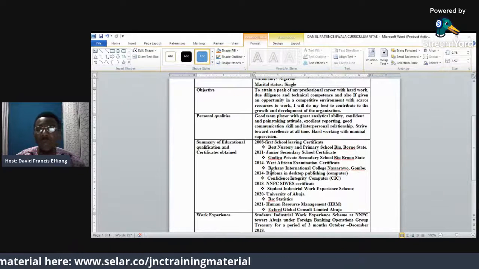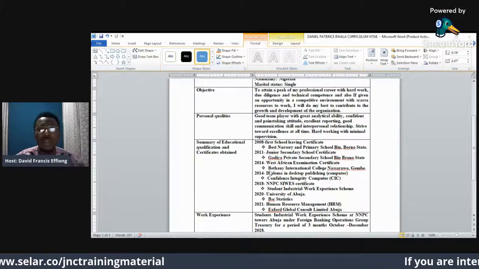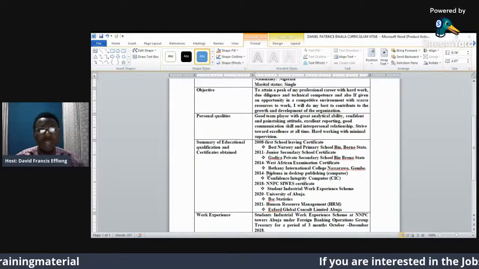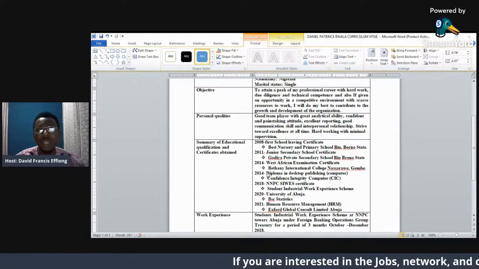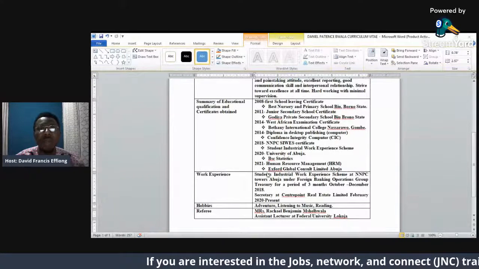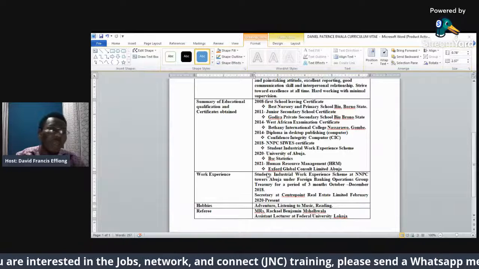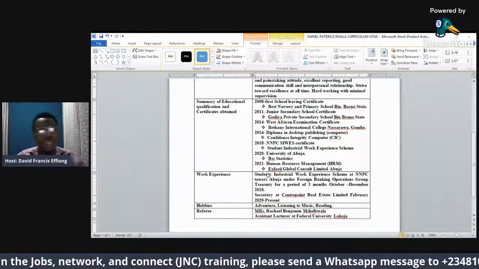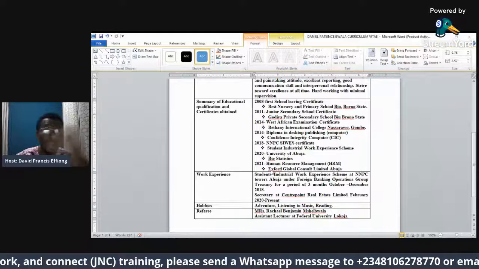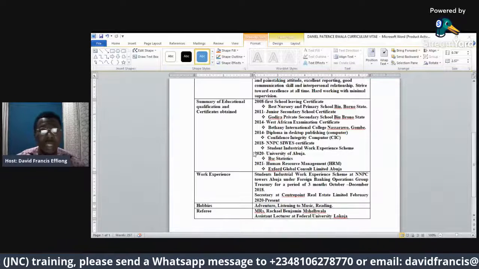And this whole West African certificate, junior secondary school, and first school leaving certificate, it's totally uncalled for. And then in building the structure, you have to put the name of the school, the certificate, and the year in that format. I'm going to share a couple of CVs here that made sense too.